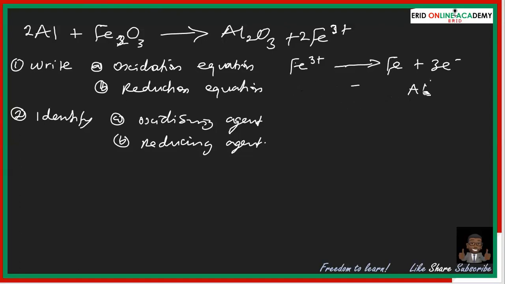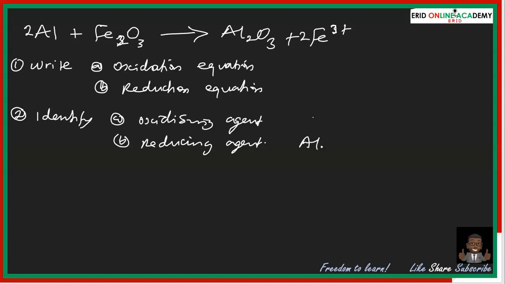So oxidation is a loss of electron. You already said that aluminum is what? What agent is aluminum? It's the reducing agent.